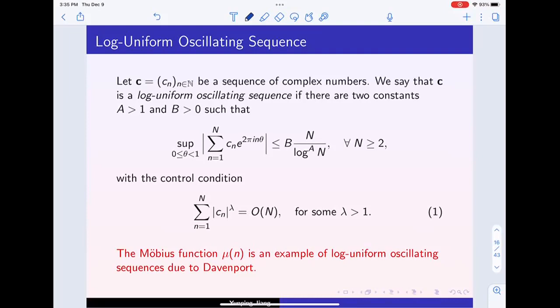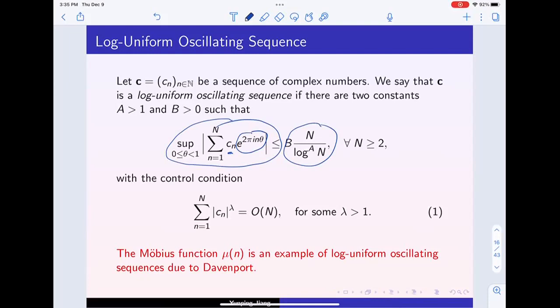We say this sequence C_n is so-called log uniformly oscillating if there are two constants A, B such that, when you put in a test function e^{2 pi i n theta} joined with C_n, then for the summation from n to capital N, you take a supremum, that one is less than this number, right? That basically follows from number theory, right? For the Mobius function or other dual functions or some other functions.